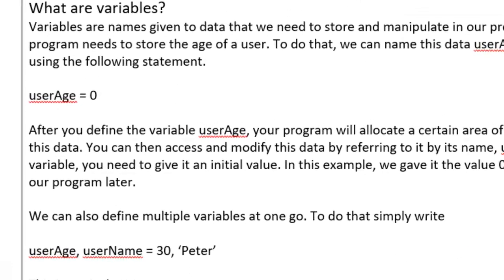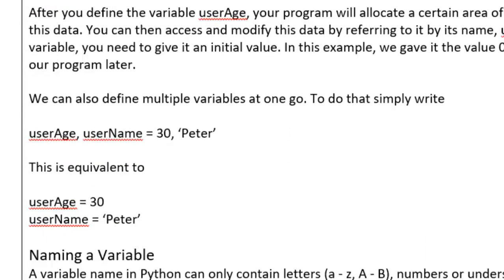We can also define multiple variables in one go. To do that, simply write user age, comma, username, equals the value for the user age, 30, comma, and Peter between quotes. Why? Because 30 is an integer value and Peter is a string. Whenever we want to insert numbers, there should be no quotes, and whenever we want to store letters or strings like names, it has to be between two quotes.